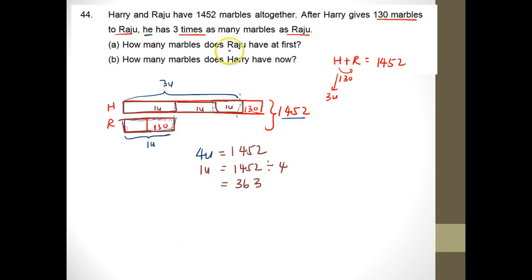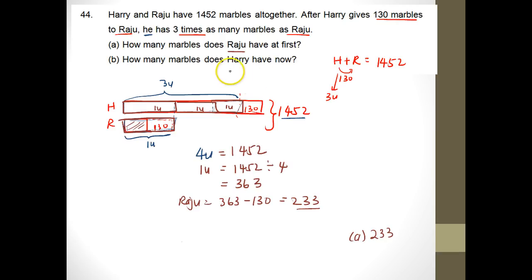How many marbles does Raju have at first? Raju at first is only this part here. So Raju would be 363 minus 130, which is 233. So Raju has 233 at first.